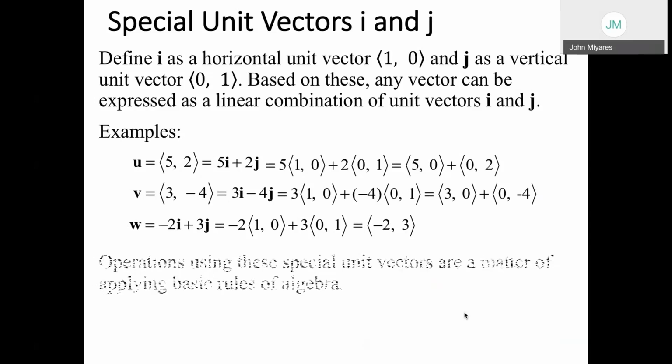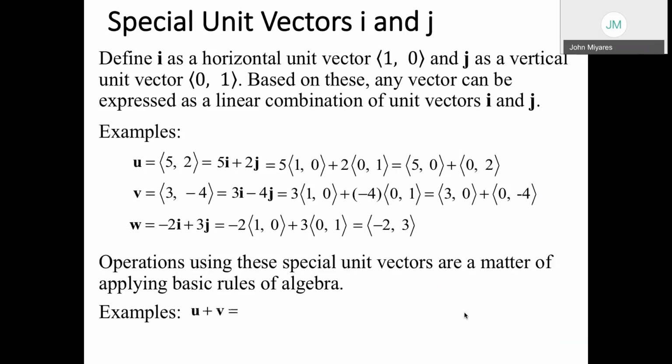Now, we can also add or subtract vectors in this form. It would just be a matter of applying the basic rules of algebra and simplifying expressions as though we were just combining like terms. For example, suppose we wanted to add two vectors u and v together.